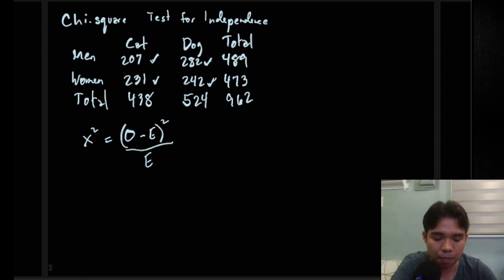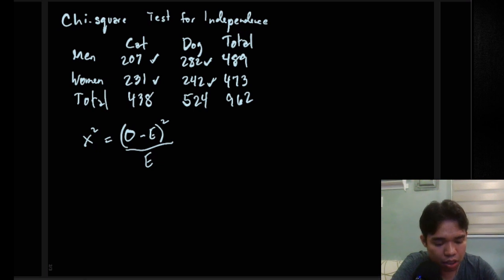Not necessarily the same values, because it depends on the weight of each cell. The expected value is equally distributed according to its proportion for each cell. The observed is the real data. So let us compute the expected value.